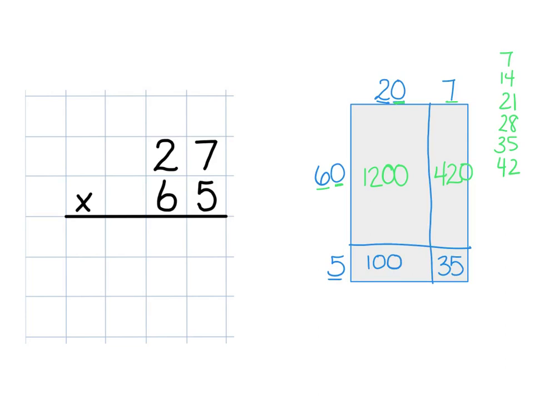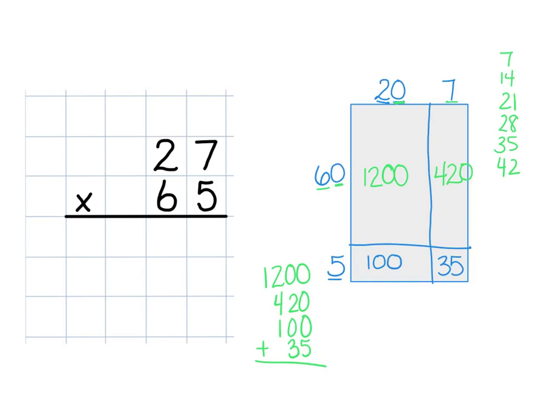Our last step is adding up each of the boxes. So I'm going to write 1,200 plus 420. And notice that I'm lining them all up. So the ones are all in the same column. The tens are all in the same column. The hundreds are all in the same column.